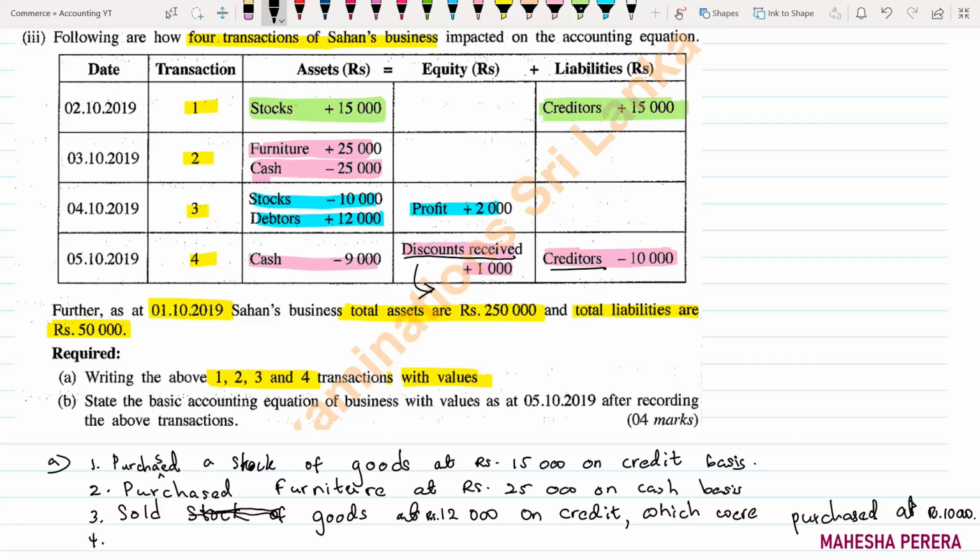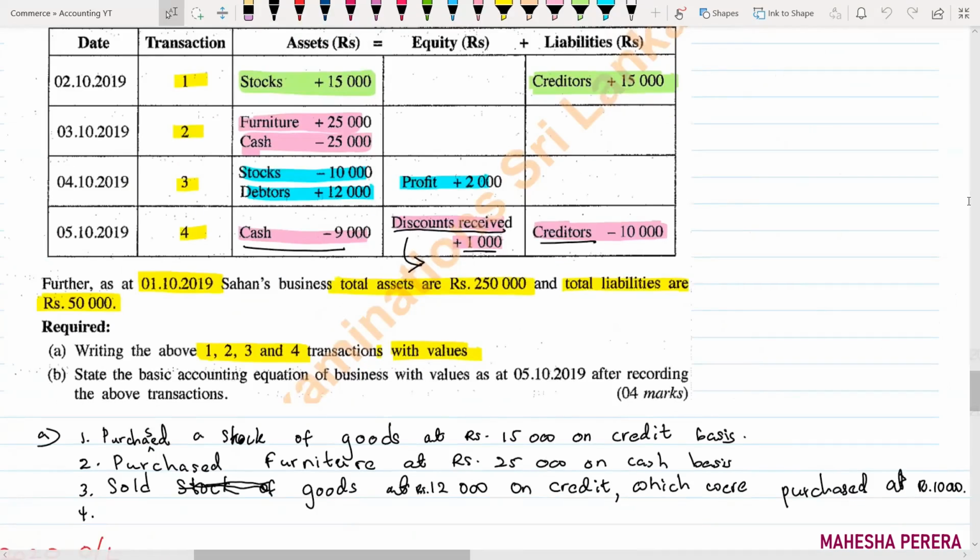So how do you write this transaction? Now simply you can write like this. Paid this much to creditors and discount received is this much. That's the easiest way to write this transaction. And also there are different ways. Anyhow, according to the marking scheme, we can write like this.